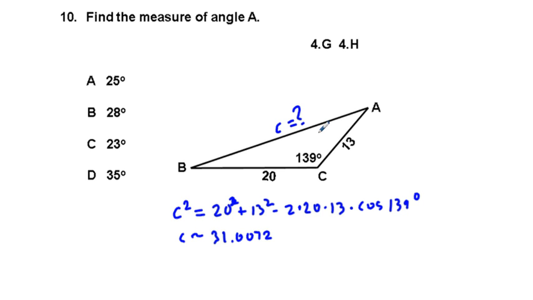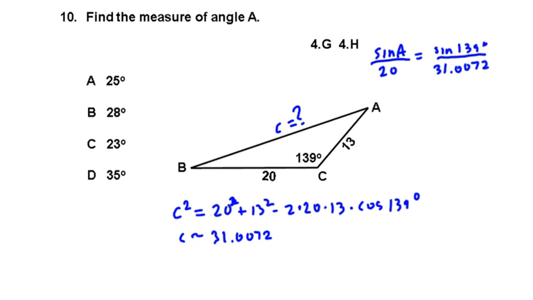And so what we now have is a way to find angle A. We know now that sine A opposite this side A, which is 20, is equal to the sine of 139 degrees opposite our now known side, which is 31.0072.